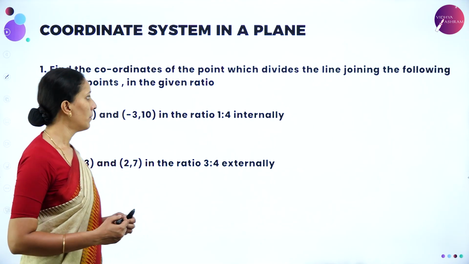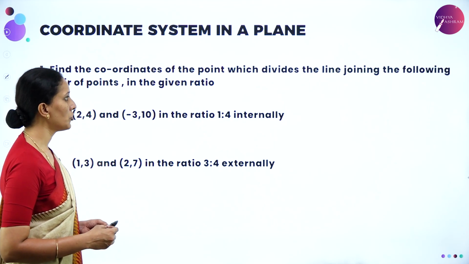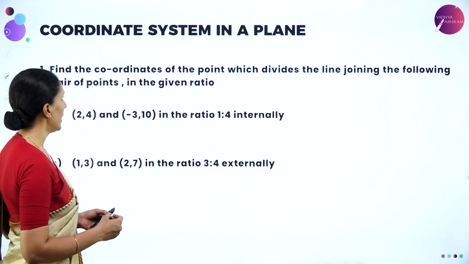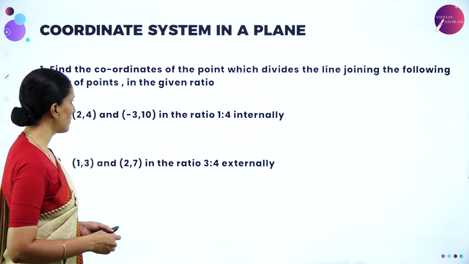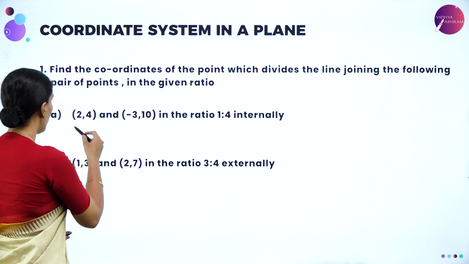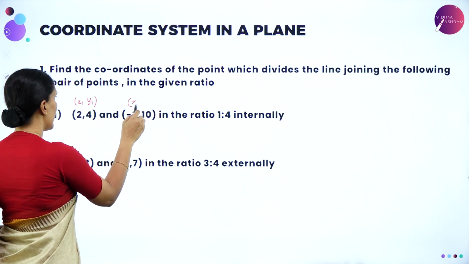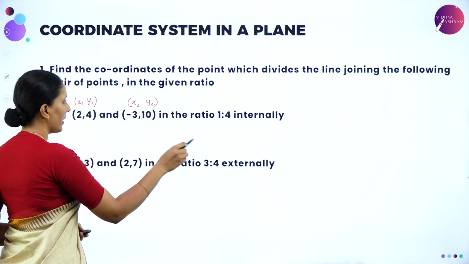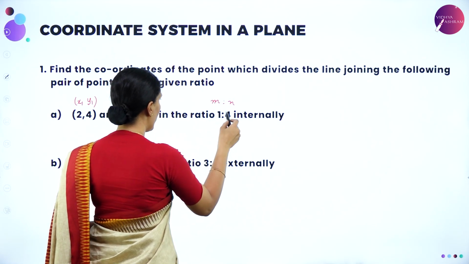Now let us take a problem. Find the coordinates of the point which divides the line joining the following pair of points in the given ratio. First one, (2, 4) and (minus 3, 10) in the ratio 1:4 internally. So let me take this as (x1, y1), this as (x2, y2), and the ratio is given as m:n, that is 1:4.